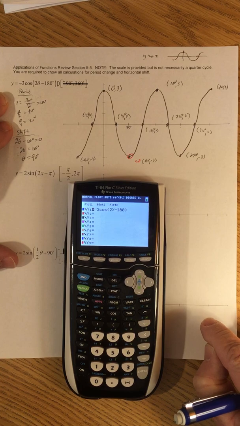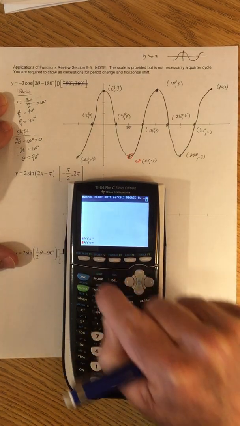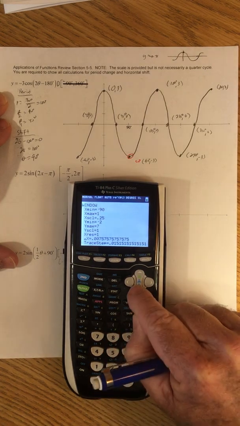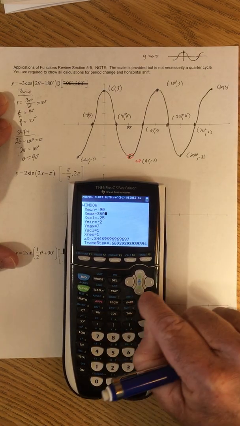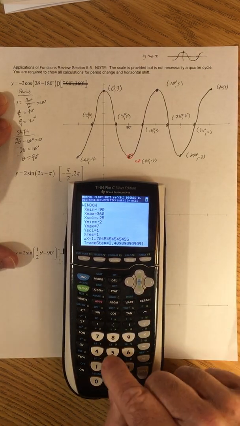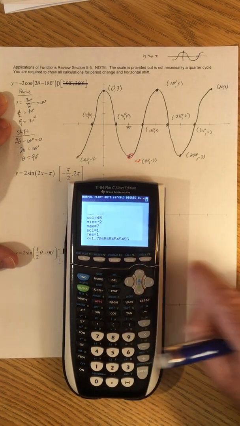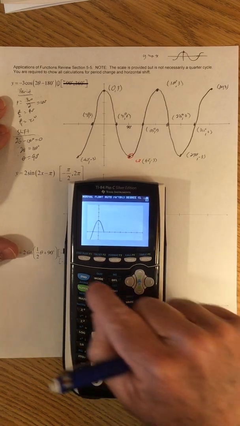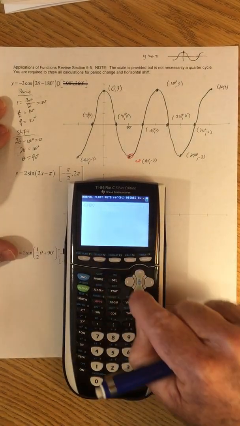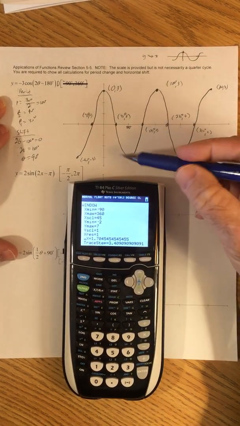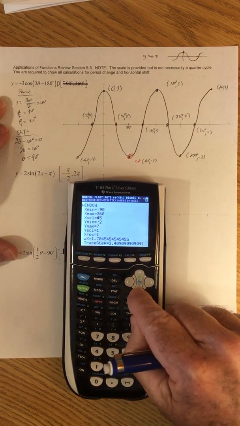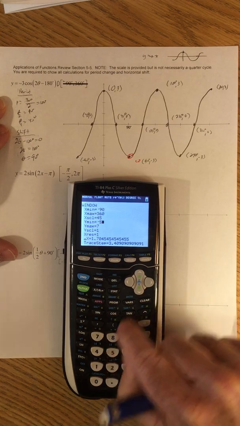Okay, negative 3 cosine of 2x minus 180. And our window is from negative 90 to 360. Tick marks of 45. I forgot to change the y window. So we've got to go at least, let's say, negative 5 to positive 5.